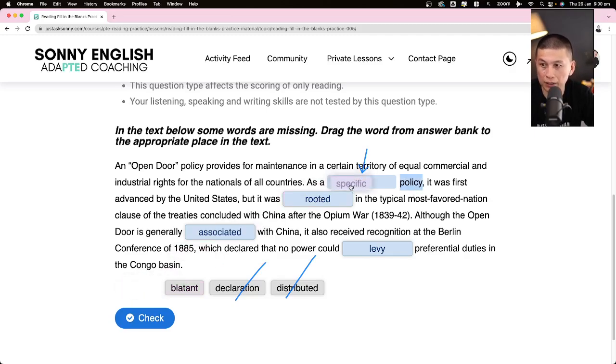I think specific policy would be a better collocation. A blatant policy doesn't really have any meaning. So another 50-50, right? If you didn't know which one between specific or blatant, 50-50. I think every single one of these, we either had two or three options. It increases your chance of guessing correctly if you had to guess.